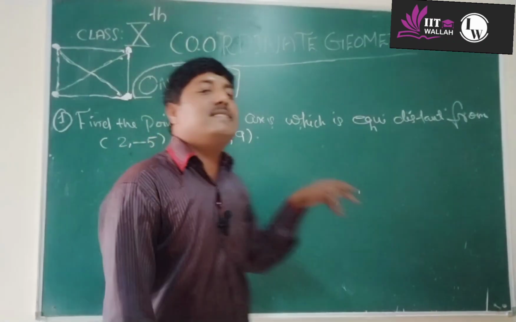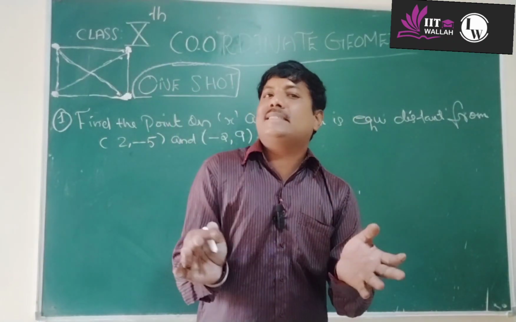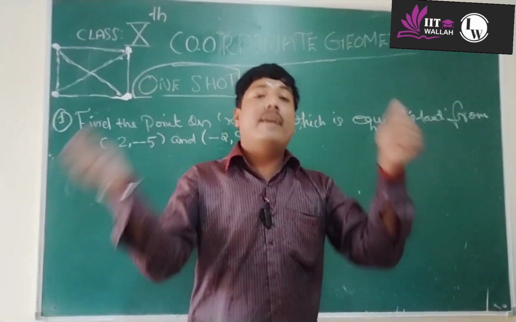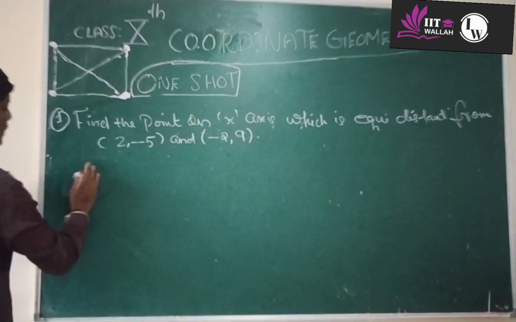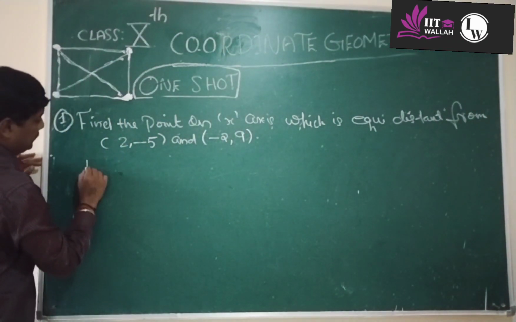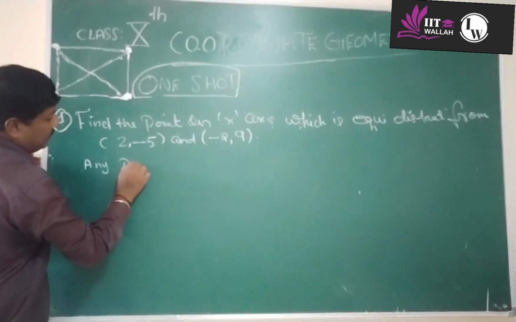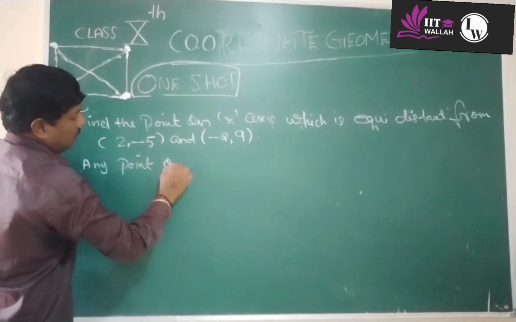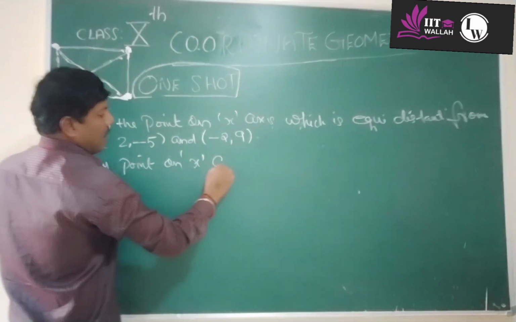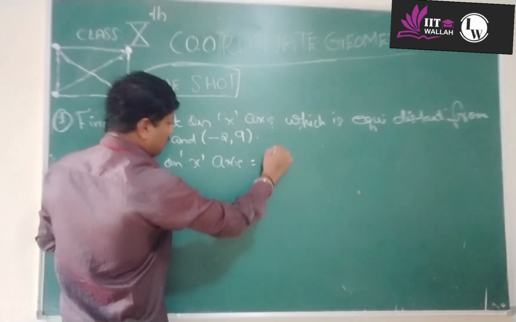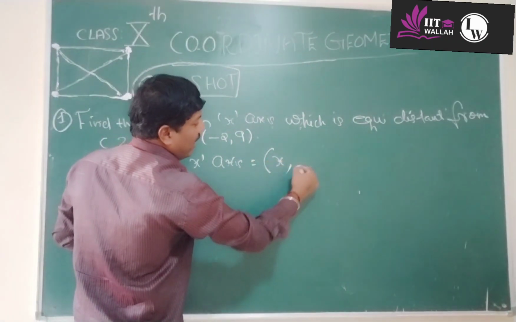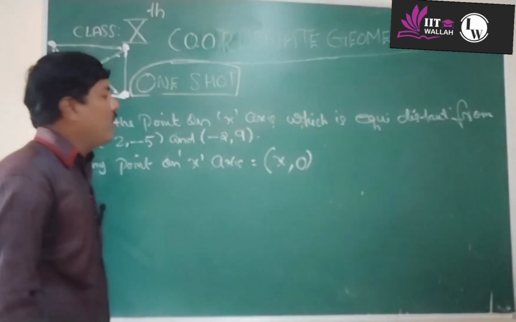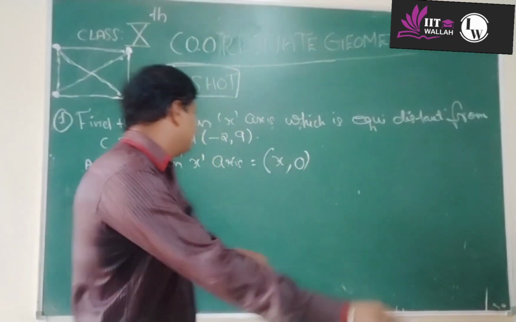So the point is on x-axis. On x-axis, y is 0. Very good. So on x-axis any point is like this. Any point on x-axis, there will be an x coordinate but y will be 0 because the equation of x-axis is y equal to 0.